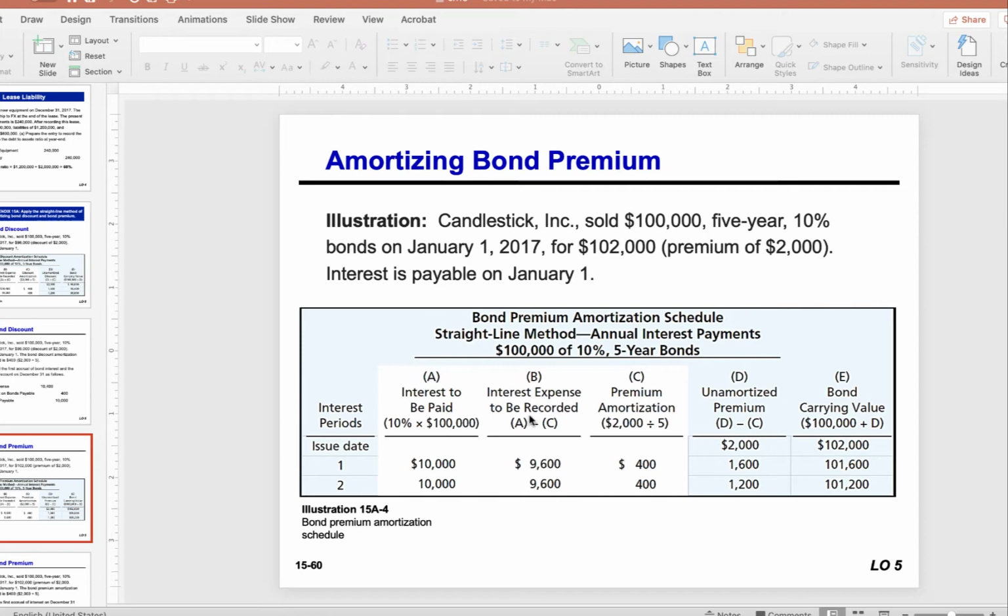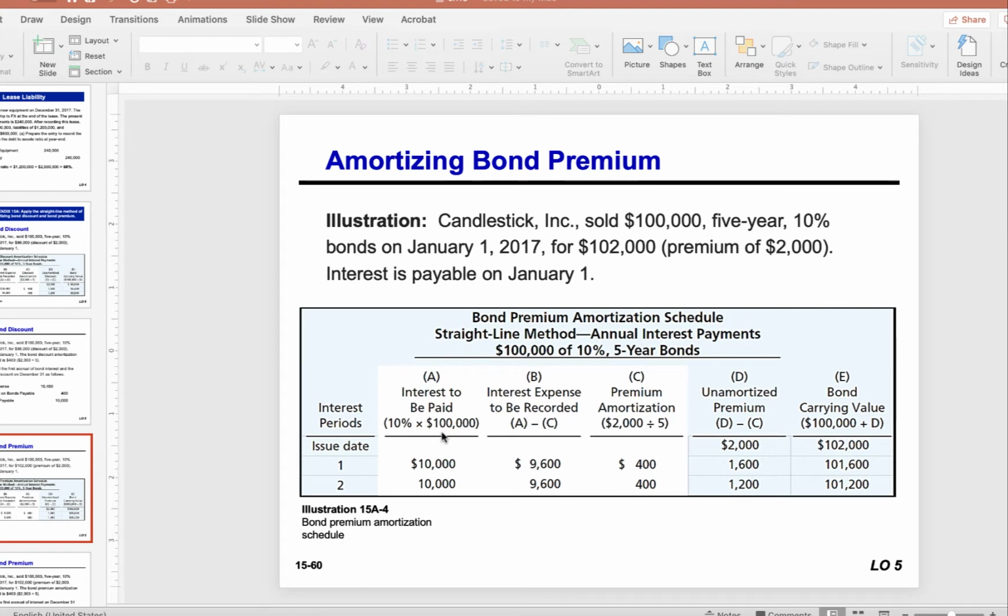So there's a difference between the carrying value of the bond and the face amount of the bond. Once that bond matures, the carrying value has to be equal to the face amount. We're just going to go with the straight line method, not the interest rate method, because it's pretty easy and simple.